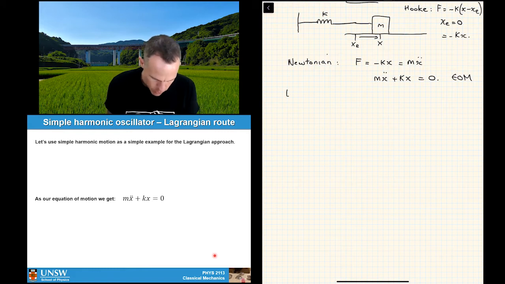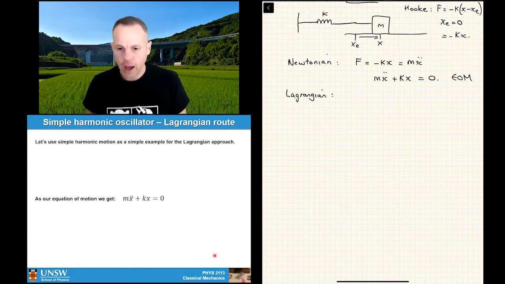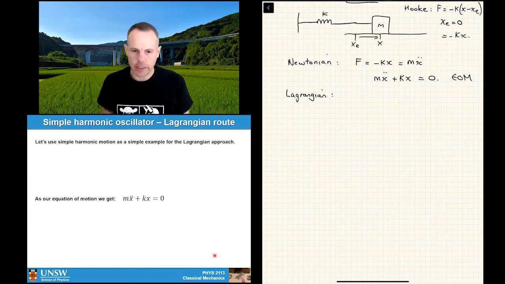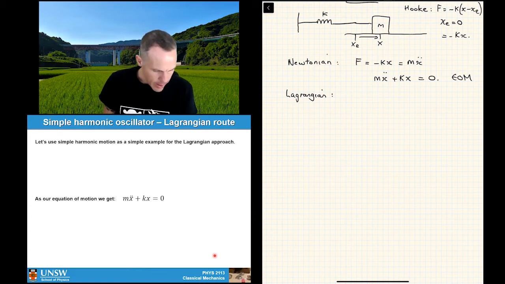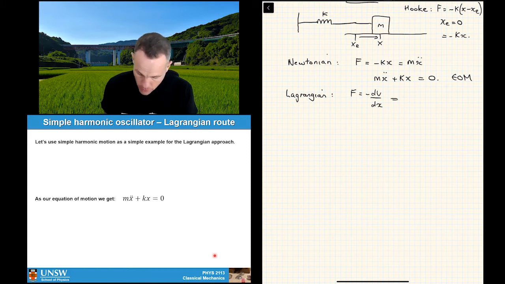If you were doing your Lagrangian approach, there's a few steps to it. And that makes it harder in this case, but for a lot of the easy problems, the Lagrangian approach is harder and it's not worth the effort. The first thing we need to do is get the potential energy, right? And we know that F is minus dV/dx. So V will be minus the integral of F dx.